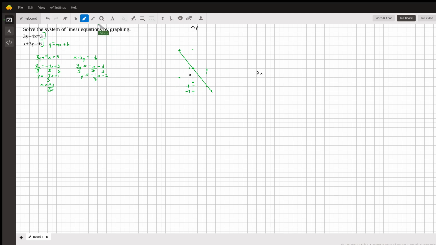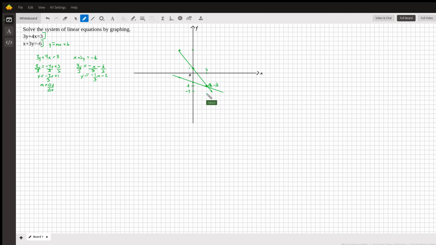All right, so now we have 3 points and we can draw a line. All right, so it's not a perfect line, but if we look at it, it looks like it's roughly intersecting right there, which is 3 comma negative 3, which would be our intersection or the answer to the question.